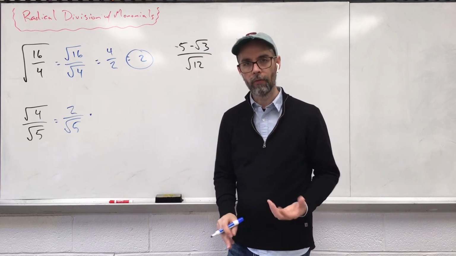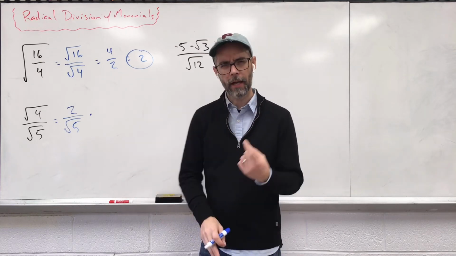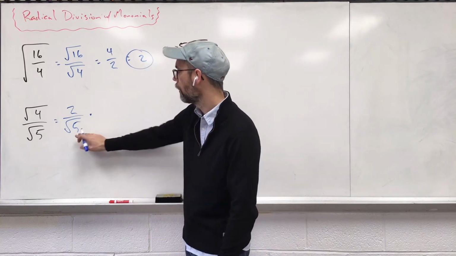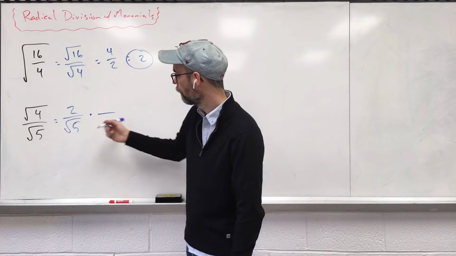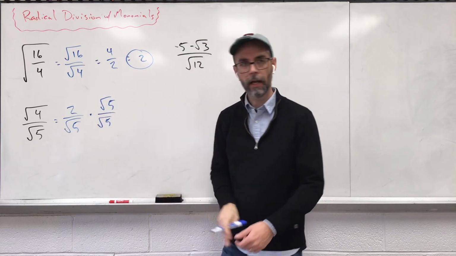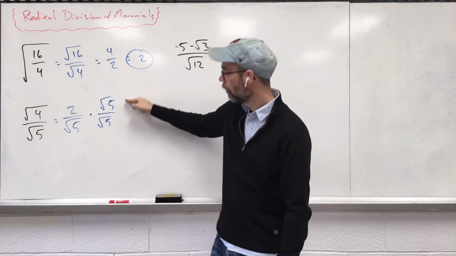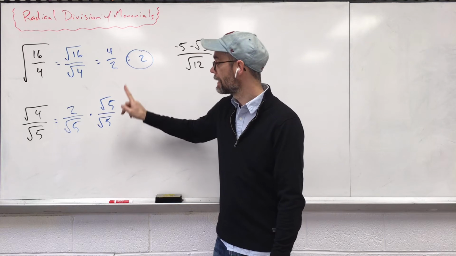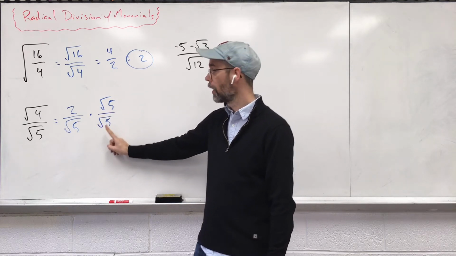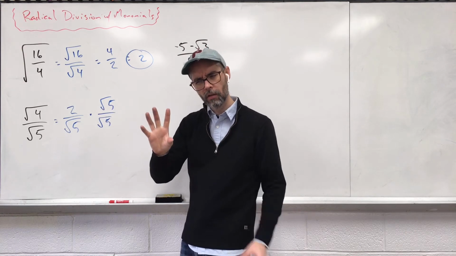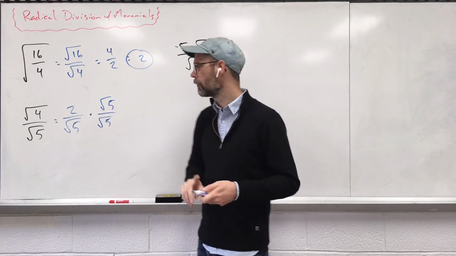That's what I want to look for. I want to look to try and multiply by a value of 1. Now I get it by looking at my denominator. Here I have a radical 5. I want to multiply by a radical 5 over a radical 5. As long as it's a number over itself, no matter how ugly the number looks, it's still a value of 1. When I multiply by this, it's still going to be this answer. But we're going to kind of mold it a little differently.